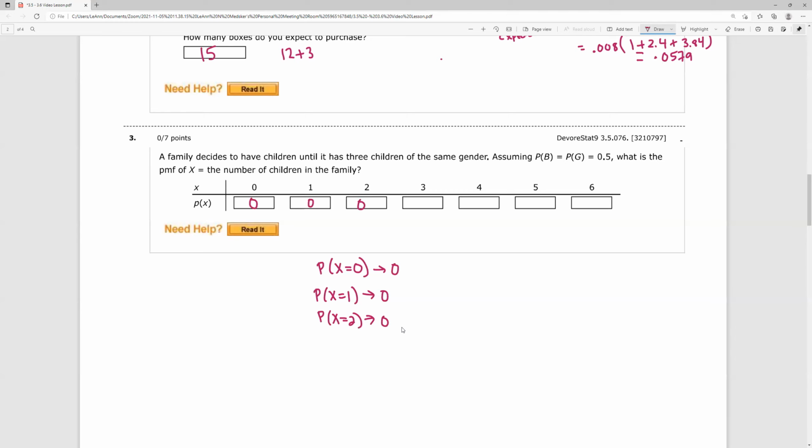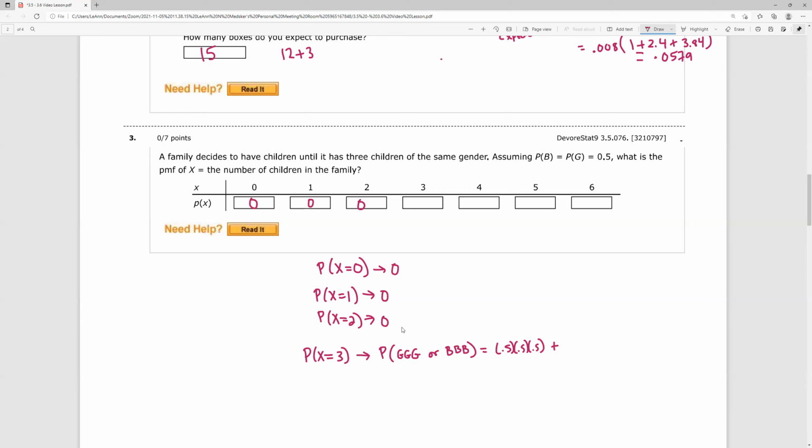Now, when we get to 3, it becomes a different story because there are 2 ways that they could have achieved this. They could have gotten all 3 girls or all 3 boys in a row. So just those 2 specific scenarios. Now, when we have an or, we add the probabilities together. The probability of girl, girl, girl is going to be the same as for boy, boy, boy, because the probability of having a girl and having a boy are both 50%. So for the first one, it's 0.5 times 0.5 times 0.5, because the gender of your first child is independent of the gender of the next and the next.